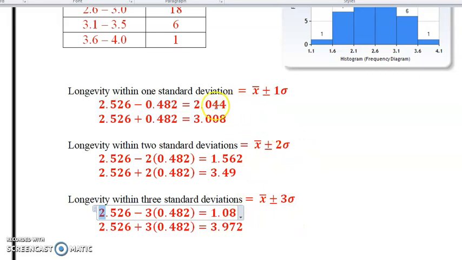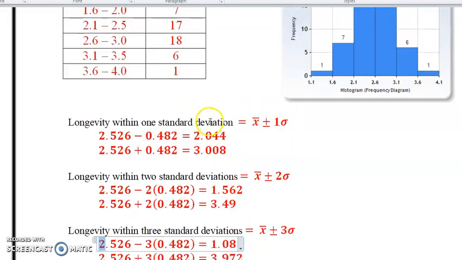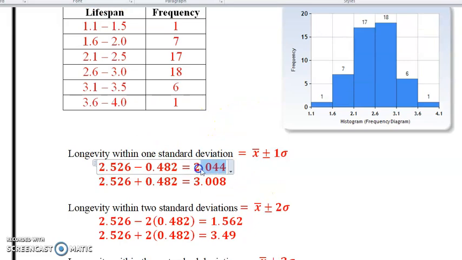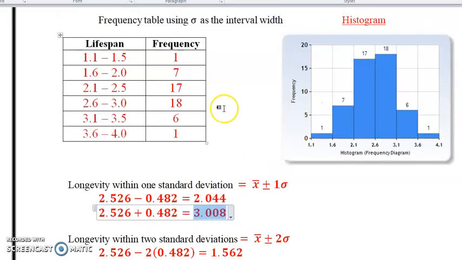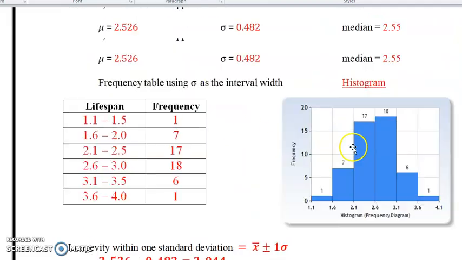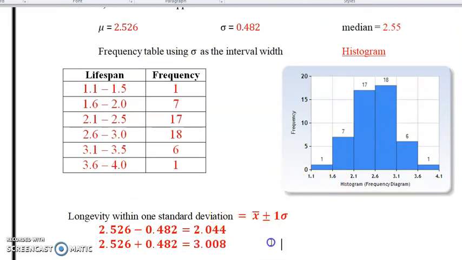So these are going to be our values of where we look at how many we have. So we have a total of 50 pieces of data. So if I were to calculate the percentage, remember we're looking at the 68, 95, 99 rule, right?